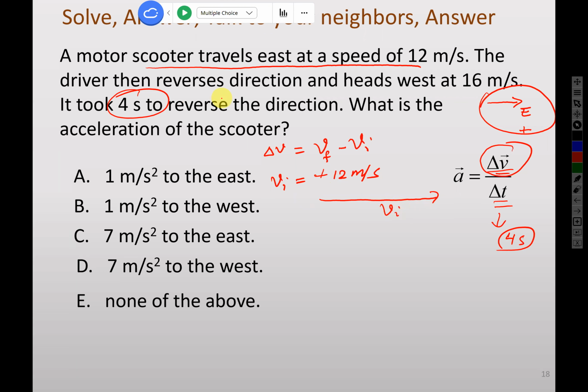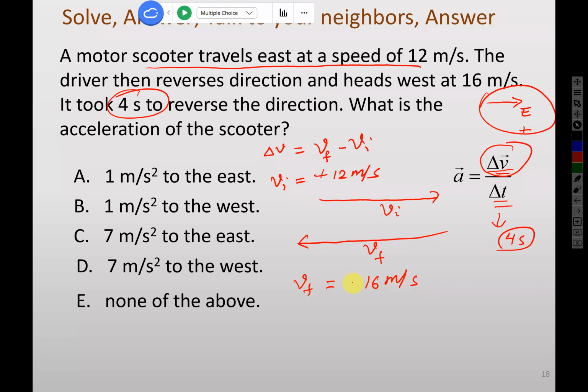The driver then reverses direction and heads west. So now that means, oh, it's 16, even longer. VF. And if I were to write it in terms of numbers, how do I write it? VF is what? Negative 16.